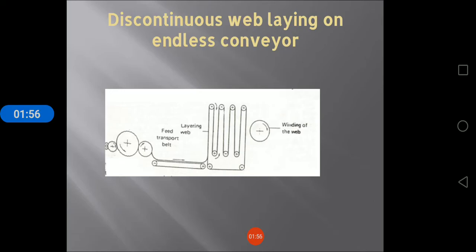After the conversion to sliver formation of the lap, there is a conveyor belt for the transportation of feeding and the laying system. The web laying system is like a parallel laying system, meaning side by side laying of a lap. The web is wound onto the web laying conveyor, lastly onto the take-up roller.